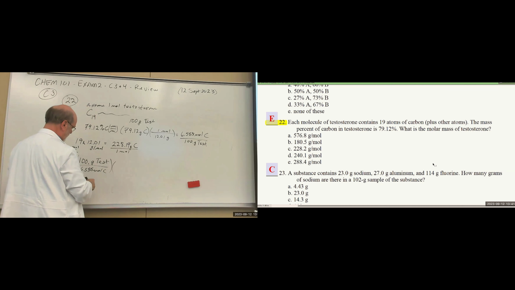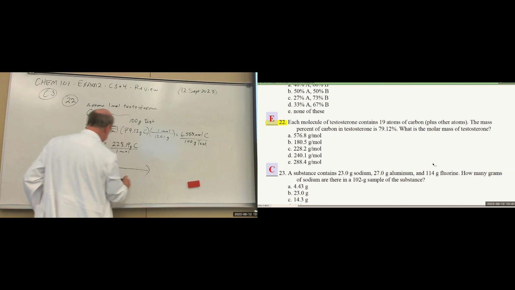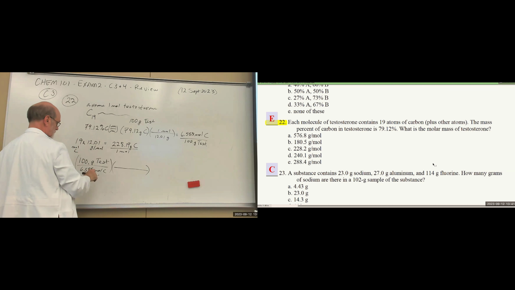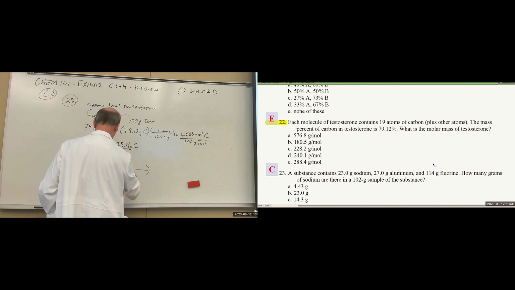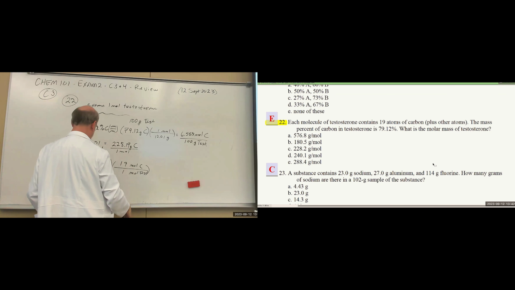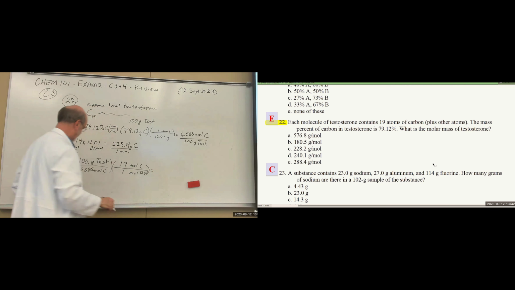Okay. So now what I want to do is end up with moles per mole of testosterone. So how many moles of carbon are in a mole of testosterone? 19. Okay.